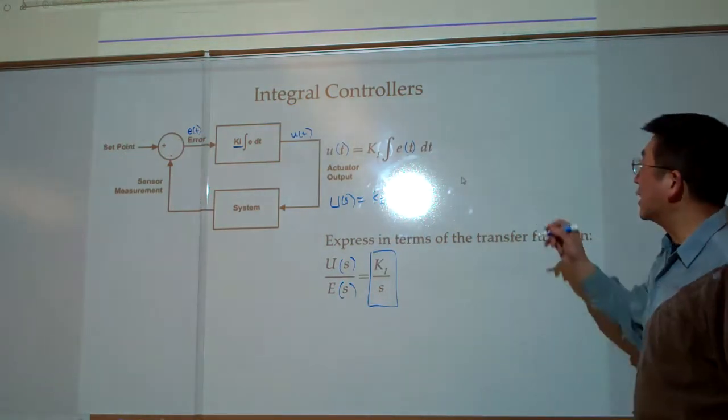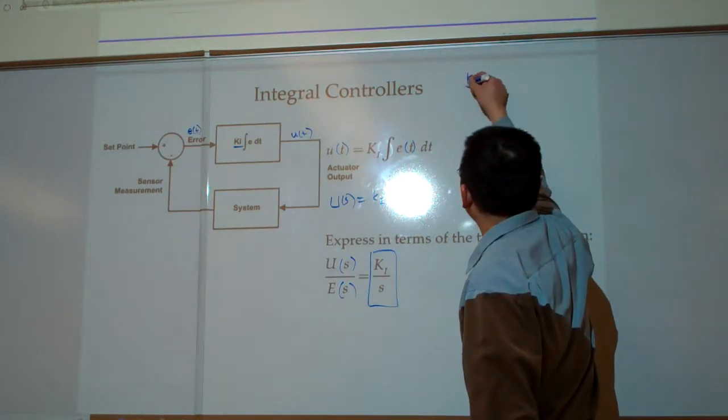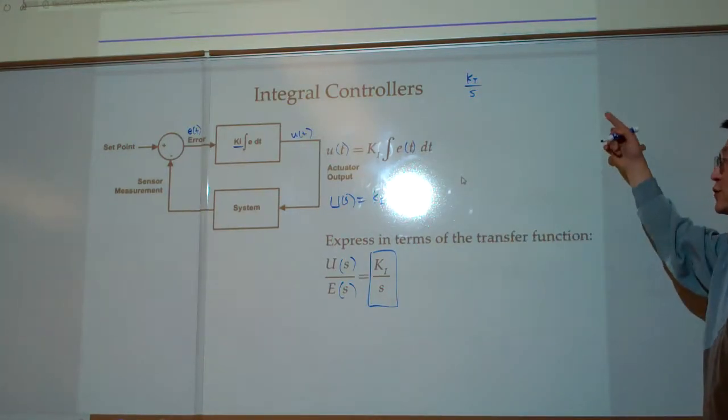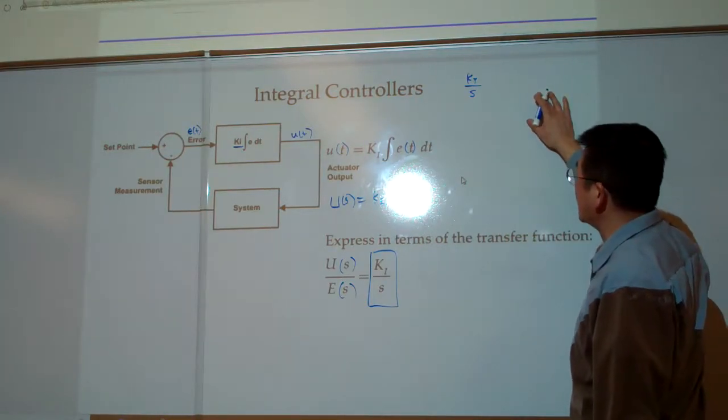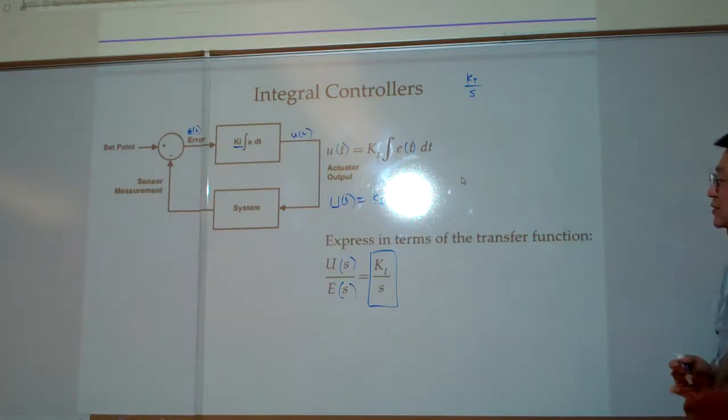This is the integral controller, Ki over S. Compared to the previous page, where the controller block function was simply a constant.